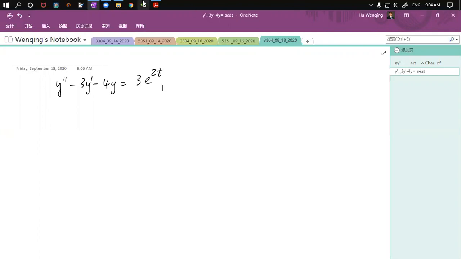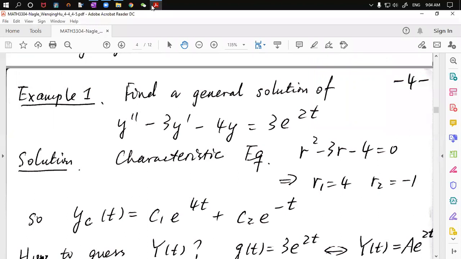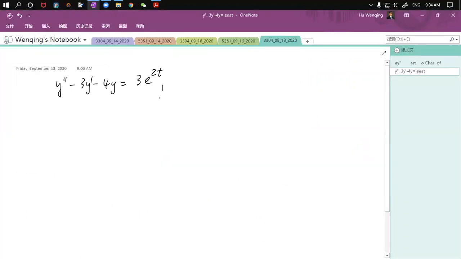So how do we find a solution? You should start from the complementary equation: yc double prime minus 3 yc prime minus 4 yc is equal to 0. How do you solve this? You start from r squared minus 3r minus 4 is 0.